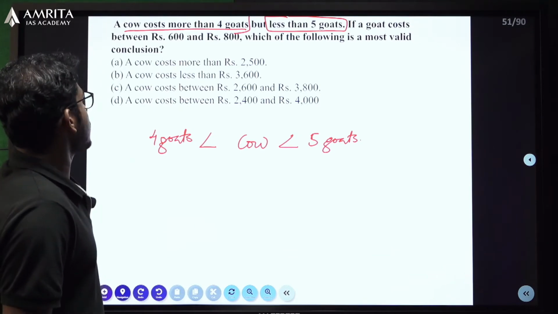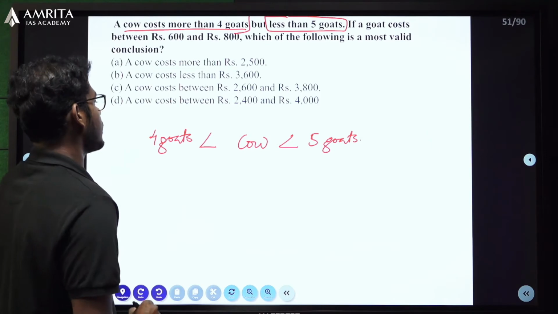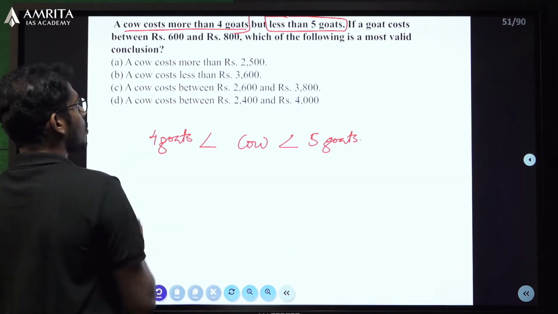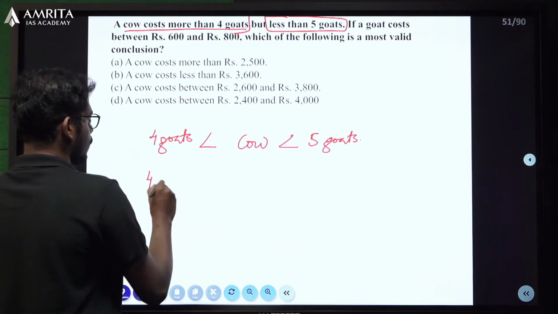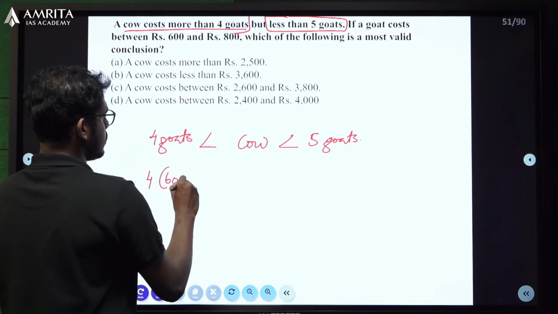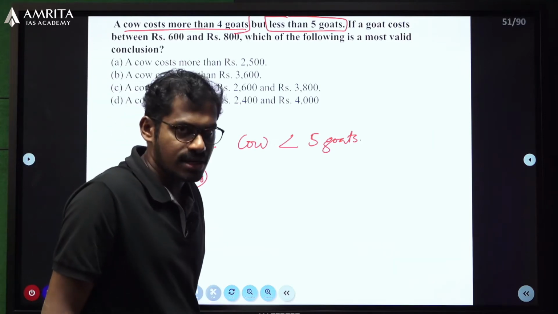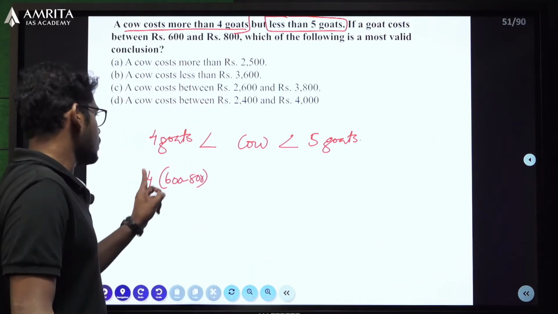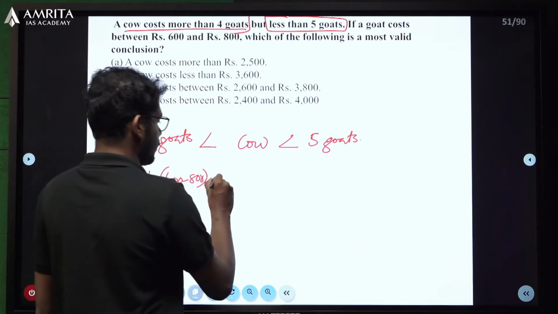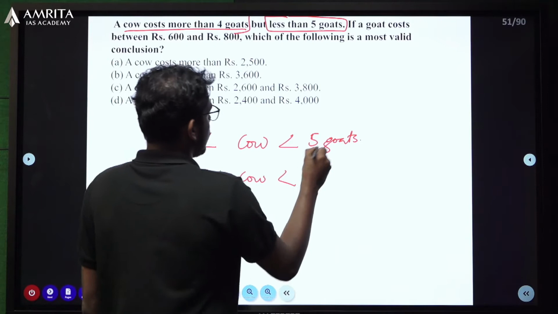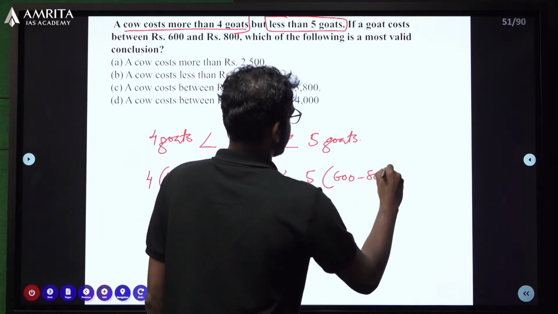If a goat costs between rupees 600 and 800, so 4 goats' value will be 4 times 600 to 800, the range. And 5 times 600 to 800.